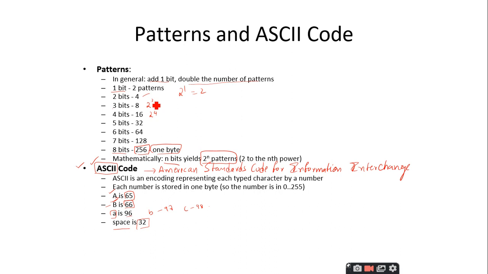The generalized formula, if you have n bits, is 2 power n patterns. We also discussed the ASCII code, which stands for American Standards Code for Information Interchange, which gives an equivalent numeric number for every character. This is called the ASCII code.